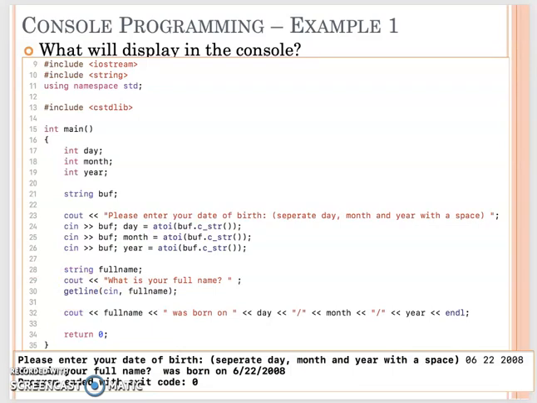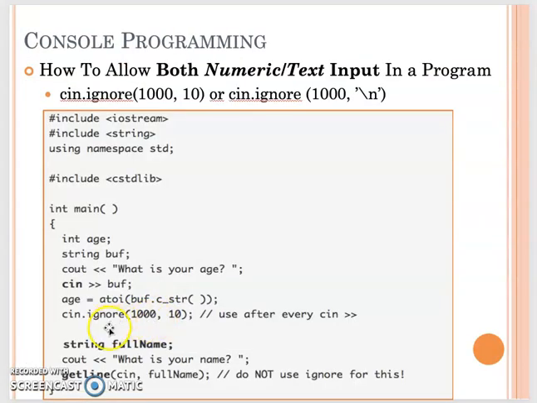Solution. To correct this error between cin and getline, we need to add one more thing. We call it cin.ignore. So what do we need to ignore? Before we do the getline, we need to ignore the previous newline. So after your cin and before your getline, we need to do the cin.ignore.